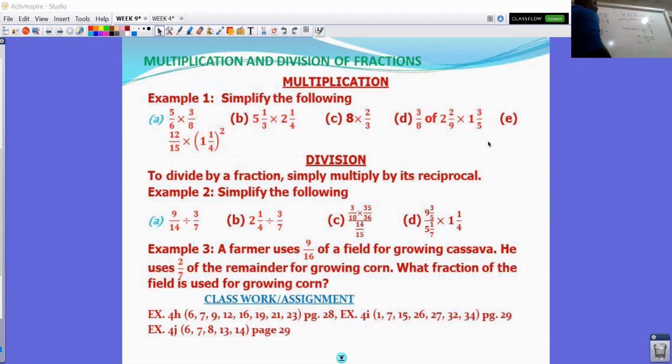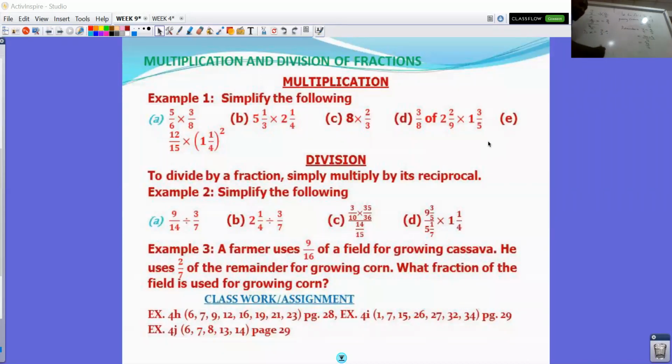What's the result for that? That's 7y. So 7y/16. That means the remainder, after using 9/16 for cassava, is 7y/16. That's the remainder. The next thing is to find the fraction used for growing corn.